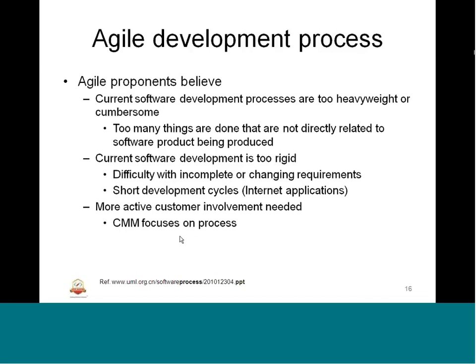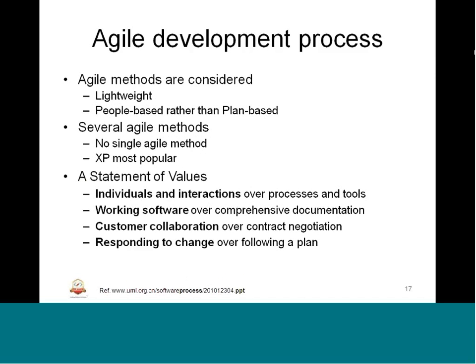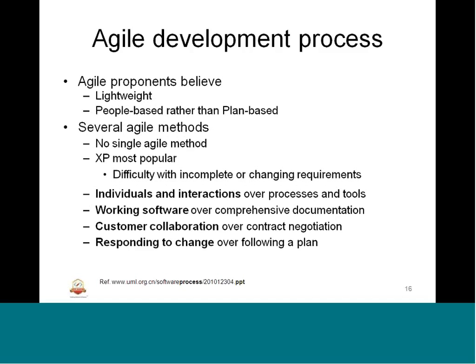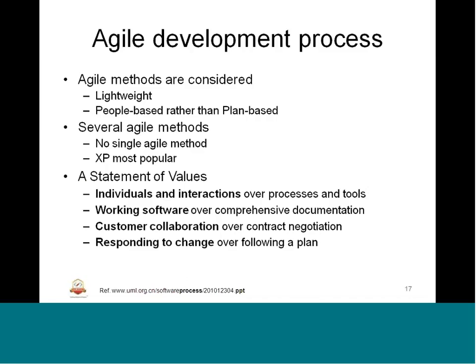So what is called the agile process? Agile processes or methods are considered lightweight processes. It's people based rather than plan based. In the traditional approach, everything revolves around the process, the documentation, the checklists, the guidelines, the activities and methods that we use, rather than the people.